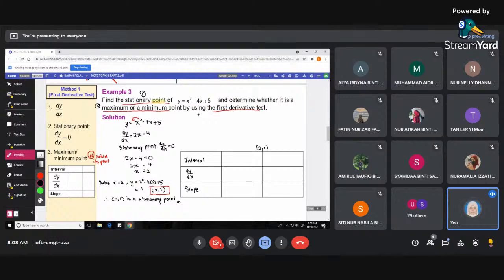Interval means we look for the value of x. On the left hand side, the interval is x less than 2. The interval for the right hand side is x greater than 2.